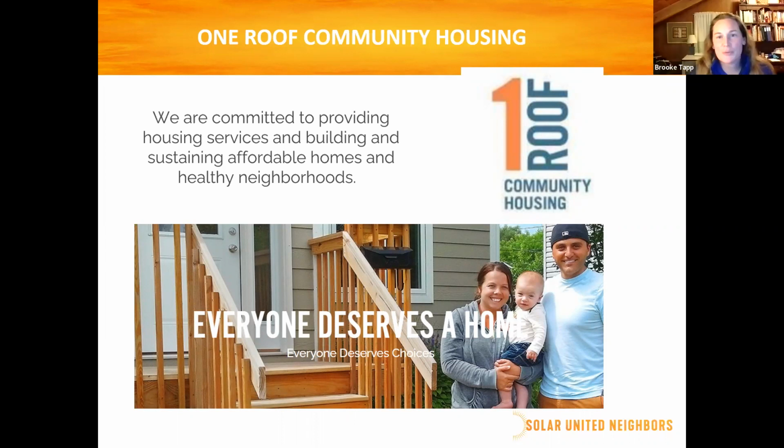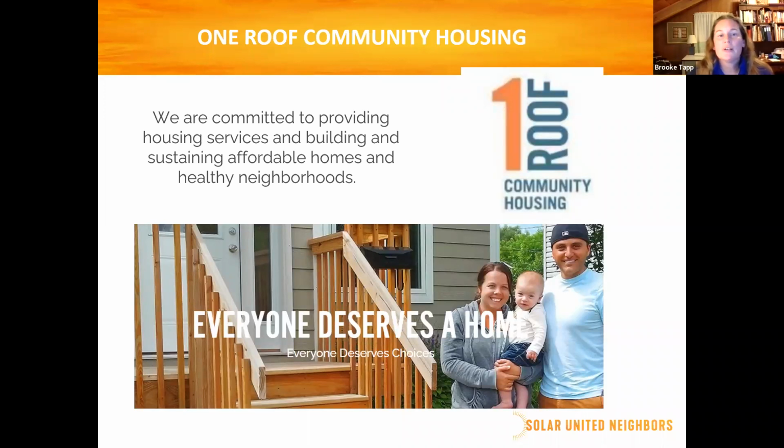Hello everyone. I'm Brooke, and welcome to looking into a solar co-op. Congratulations on that. One Roof is a partner up in the Duluth area, and we also have houses in Grand Marais. We're an affordable home ownership nonprofit. We have a lending branch, so we can do financing if you need a loan for your solar.